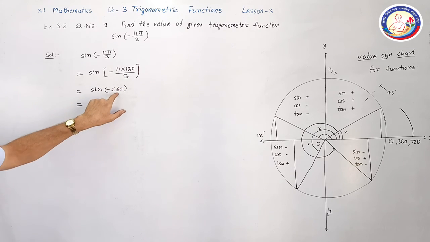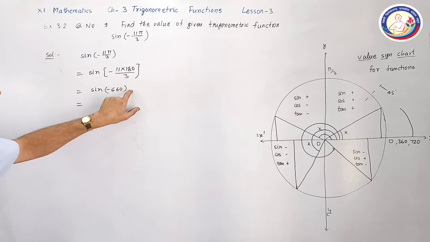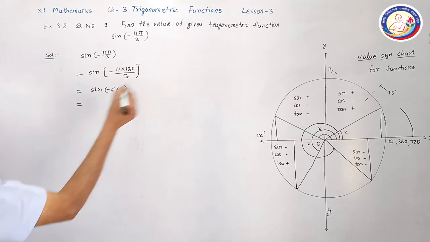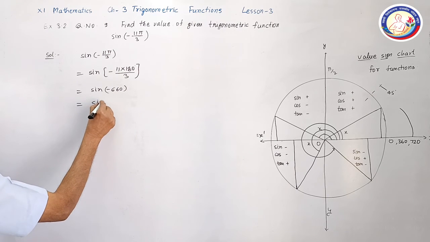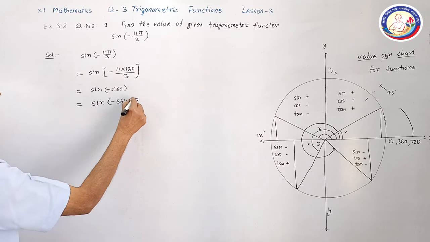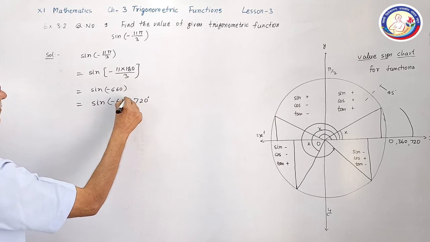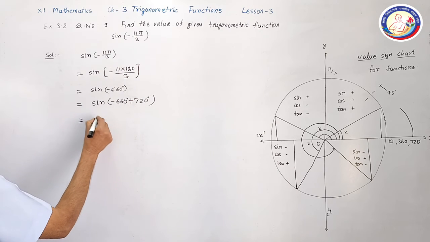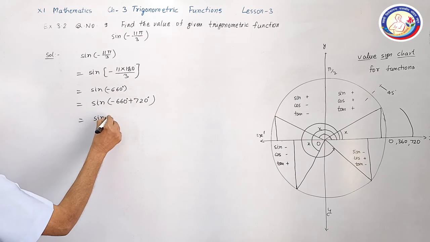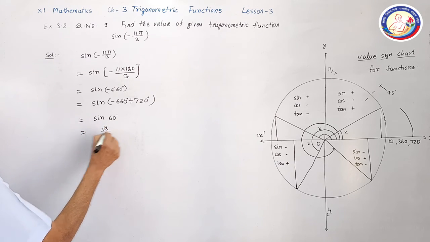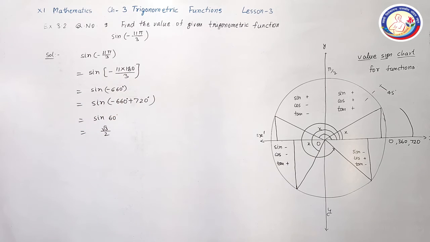At the next complete revolution, by 360, the next higher value after 660 is 720. So add 720 to this. We will get sine of 60 degrees, positive sine, and sine 60 is what? It is square root of 3 divided by 2. We can use this method.